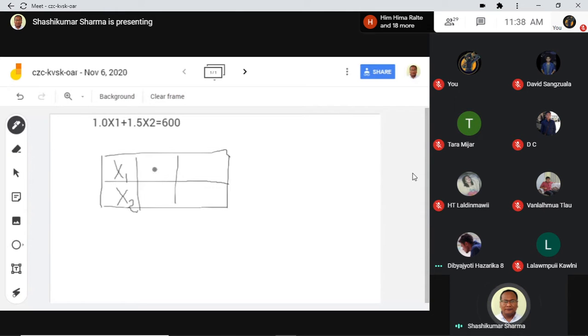In the first case, we assume this x1 to be 0. We put this value out here. When x1 is 0, 0 into 1 is 0. So how much will x2 be? x2 will be nothing but 600 divided by 1.5, right? 600 divided by 1.5, how much do we get?